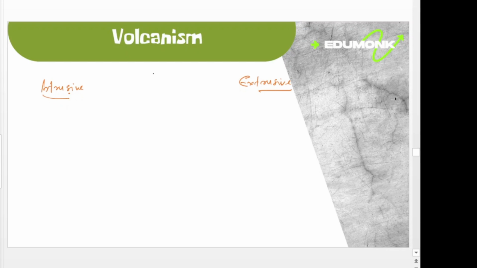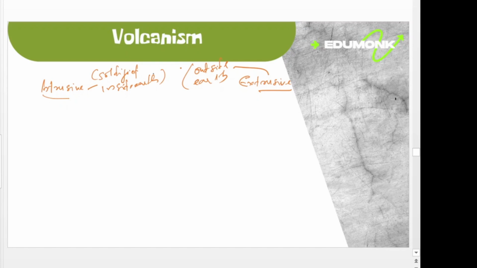Intrusive means the magma solidified inside the earth. That is known as intrusive volcano, and extrusive means magma solidified outside earth. We already discussed there is acidic and basic magma.